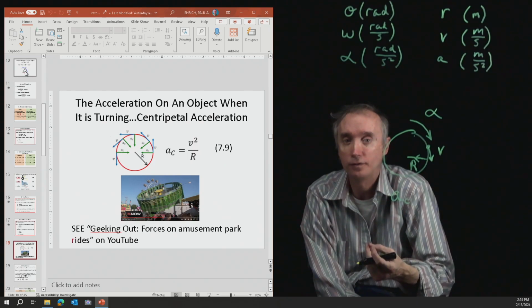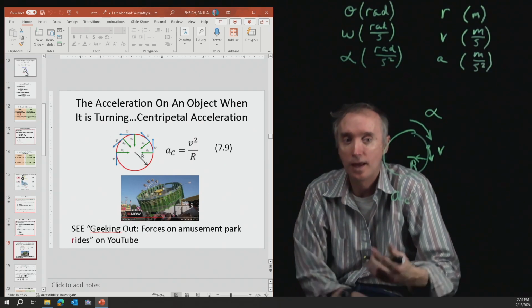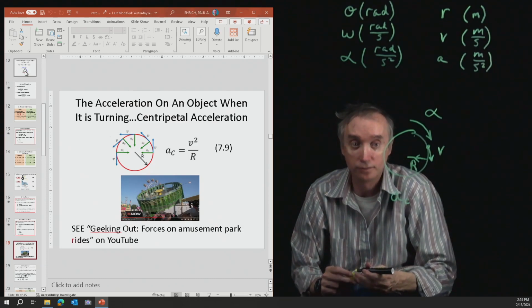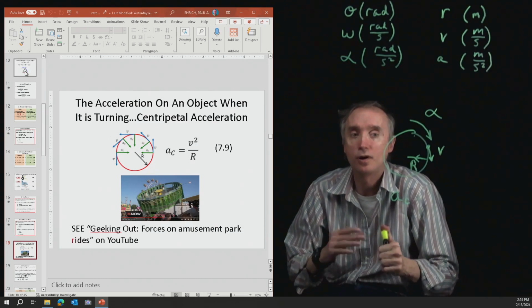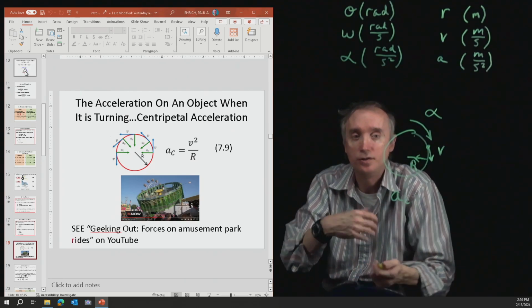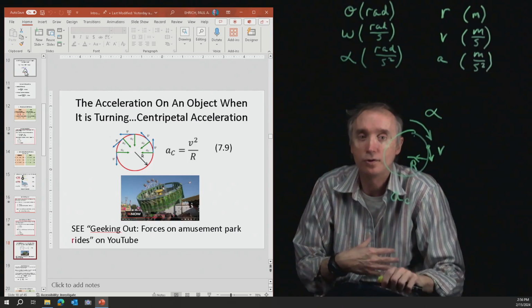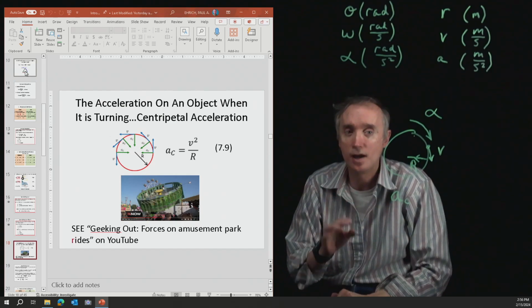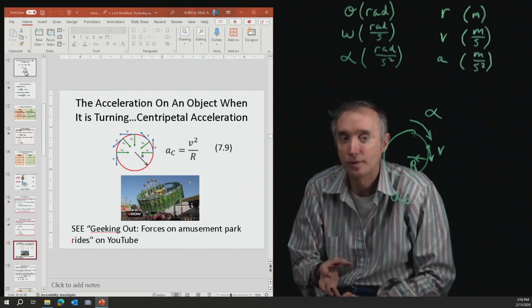force whenever you're in a car and the car makes a sharp right-hand turn. You feel as though you're being thrown outwards. Now, that's not really what's happening.